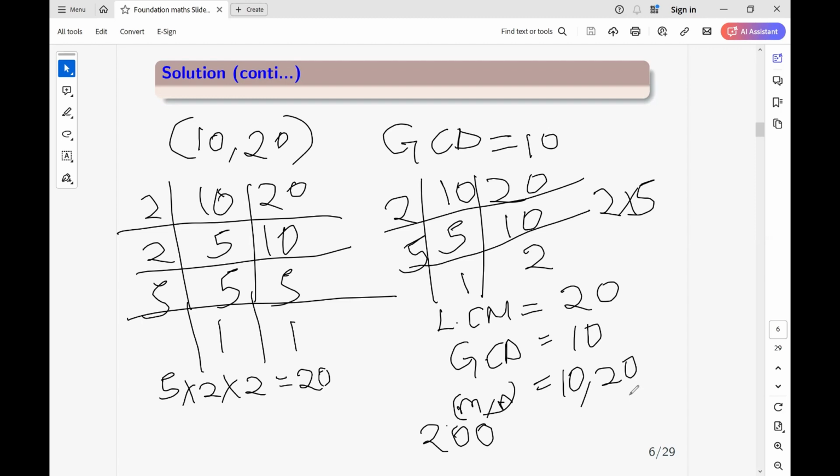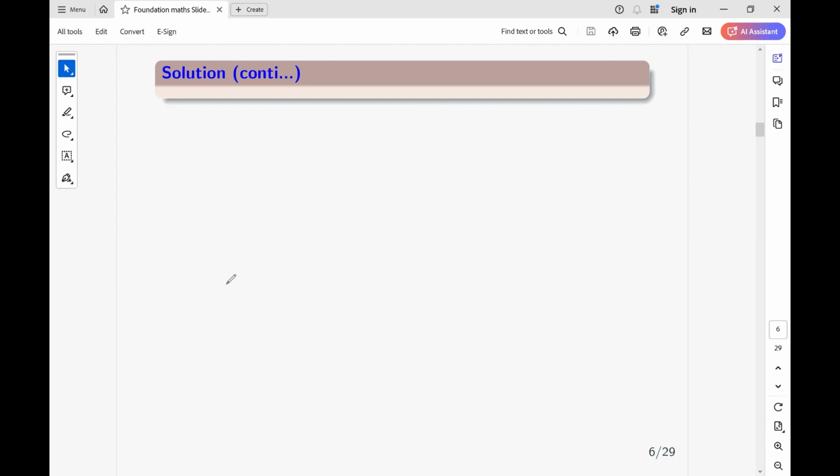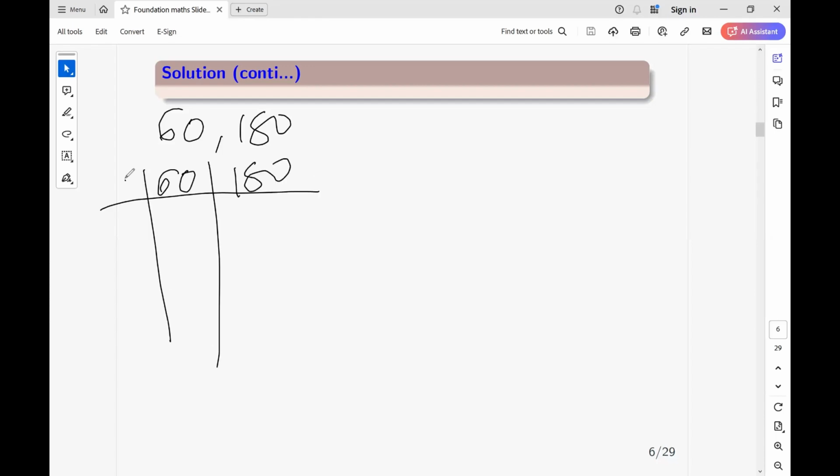Okay, how do I do this again? Thank you. The last set of numbers is 60 and 180. LCM again: 60, 180. Two going here gives 30, and here 90.